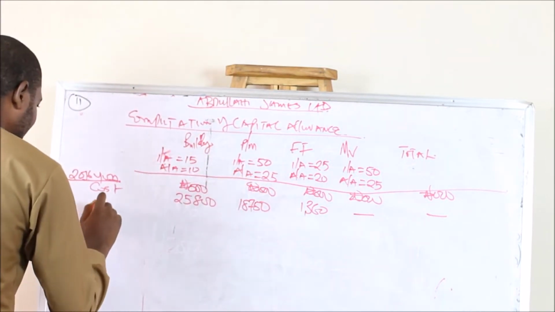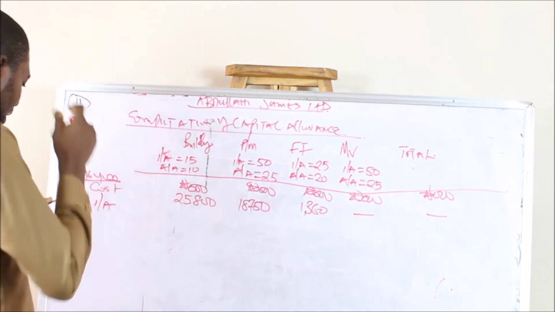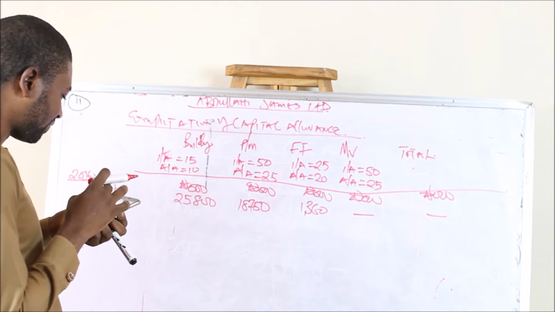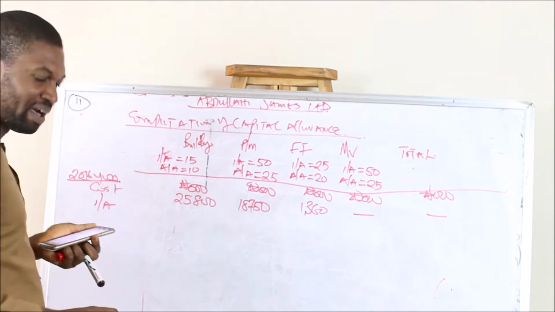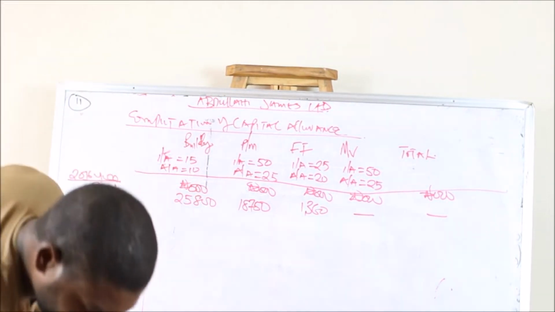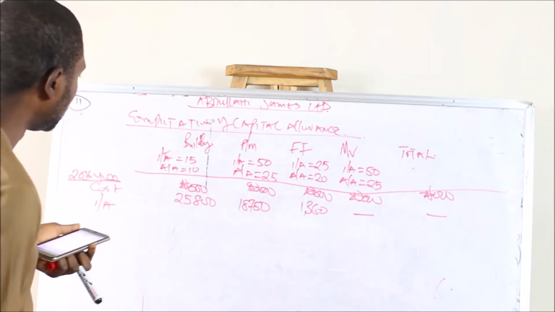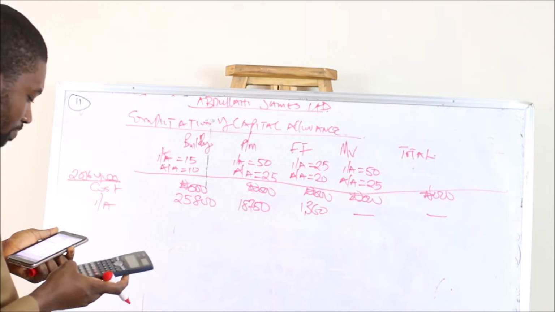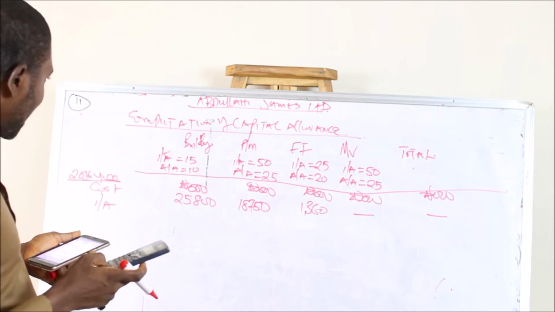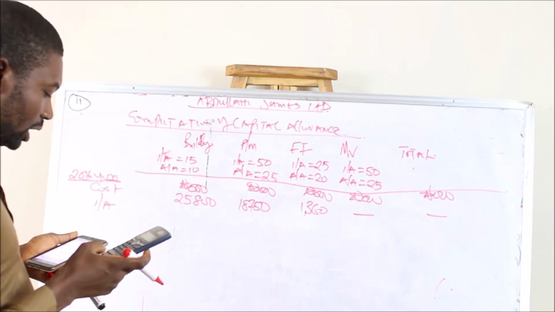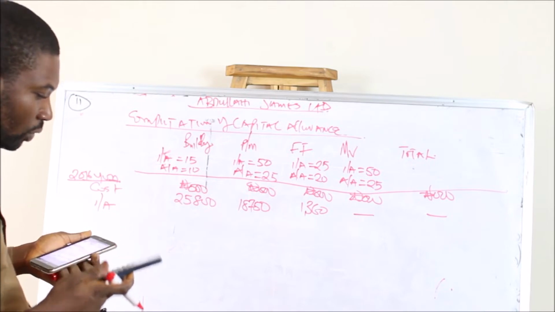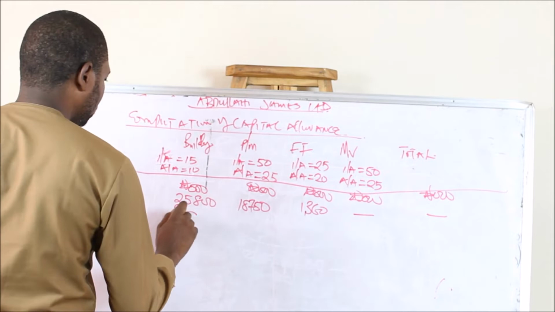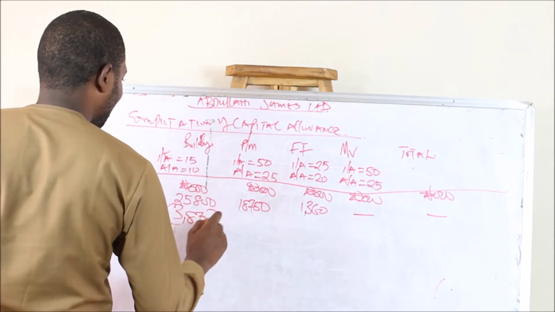Then we have initial allowance. Remember initial allowance is 15%. So we are going to say, what is the 15% of 25 million, 800? Just press your calculator. 15% times 25,800. It's going to give you 3,870,000.